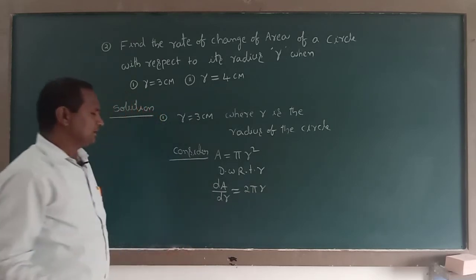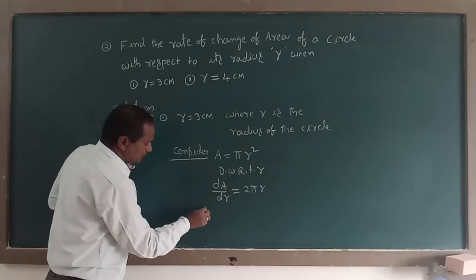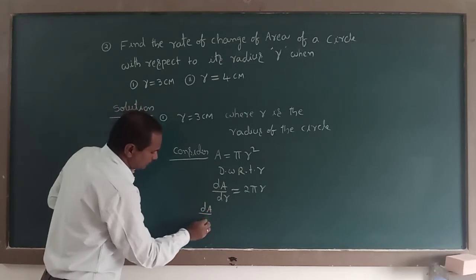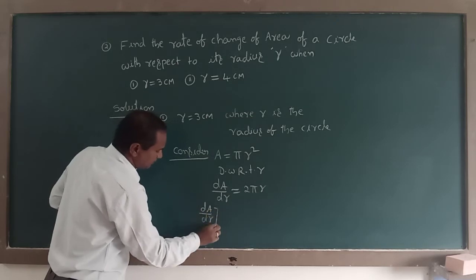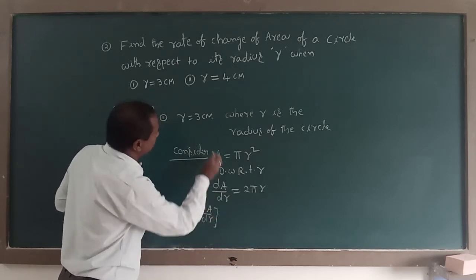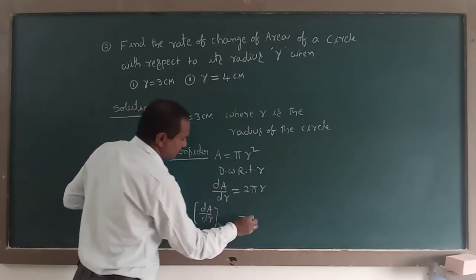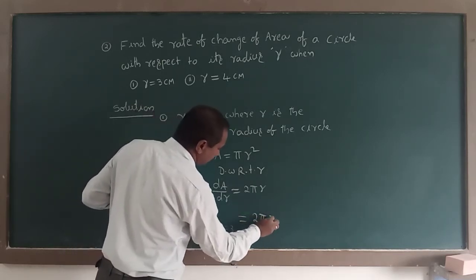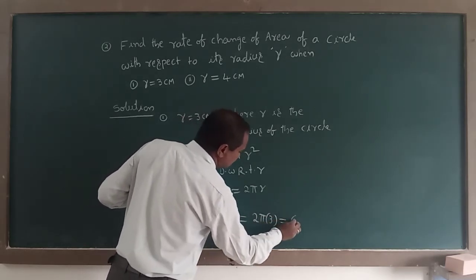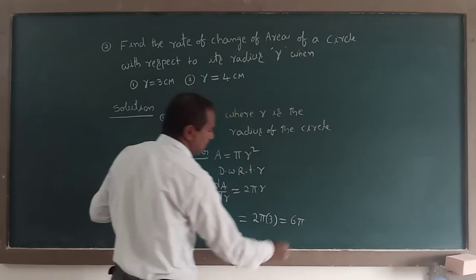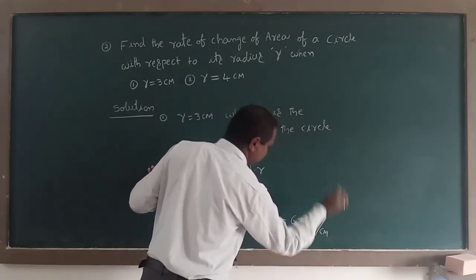And d by dr of r is 1. Now dA by dr when r is equal to 3, then its answer is 2π into 3, that is equal to 6π centimeter square per centimeter.